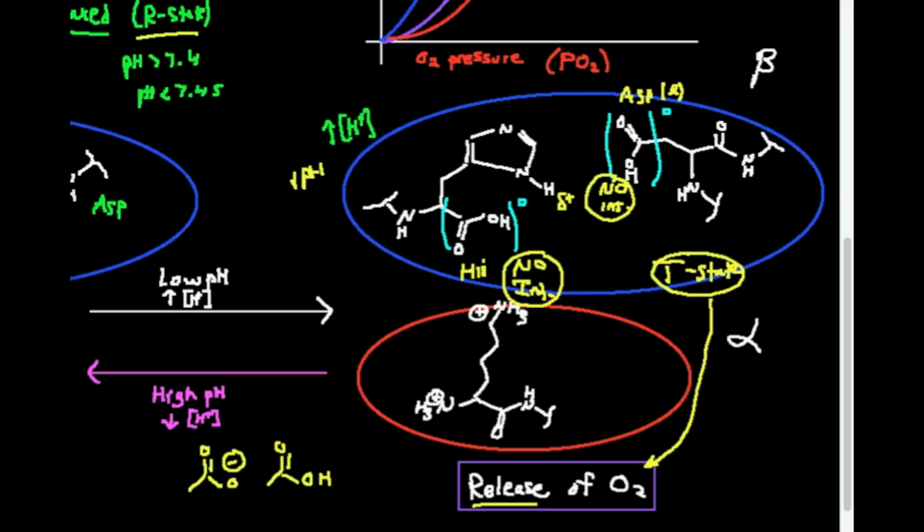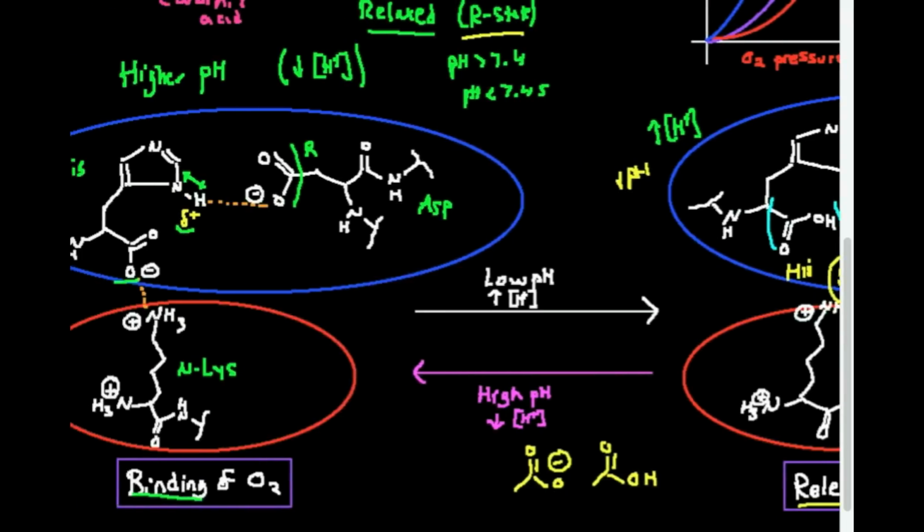So, if you want it near metabolically active tissues, remember, metabolically active tissues produce a lot of hydrogen ions, where you get lowered pH. What do you have here? You have lowered pH. These carboxyls get protonated, it stabilizes it in the T state, and you get release of oxygen, because metabolically active tissues, they need oxygen. Very important concept. And hopefully that makes sense.